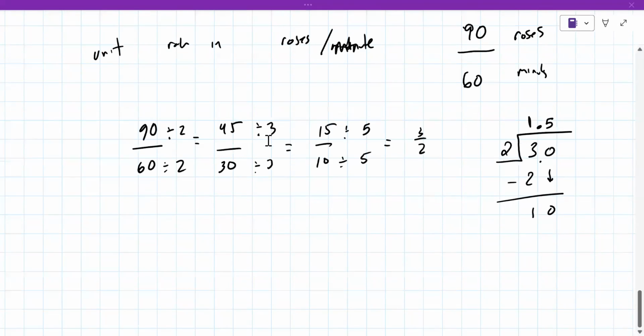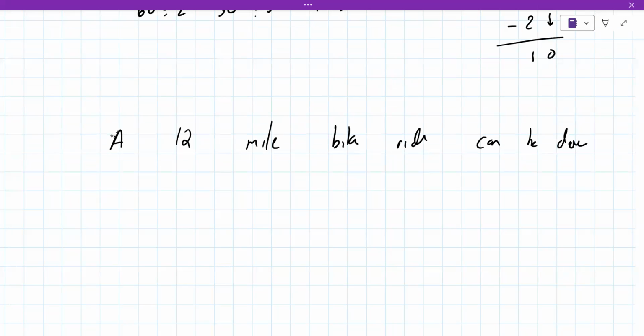Okay, let's try another one here. Let's say a 12-mile bike ride can be done in 1.5 minutes. We want the rate in miles per minute.